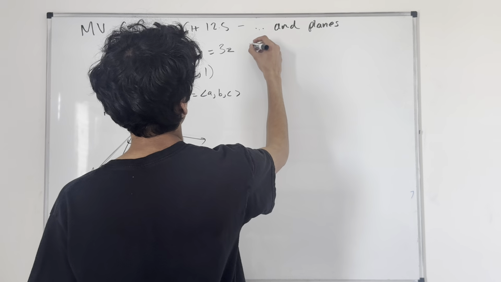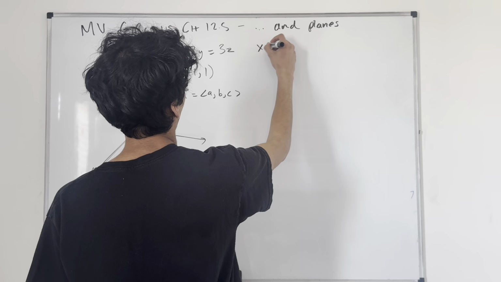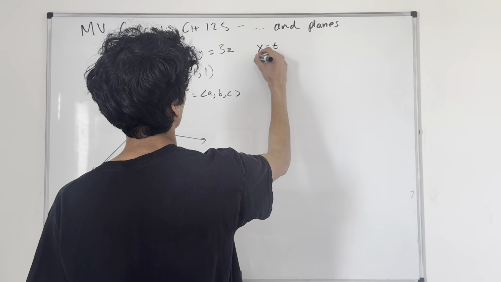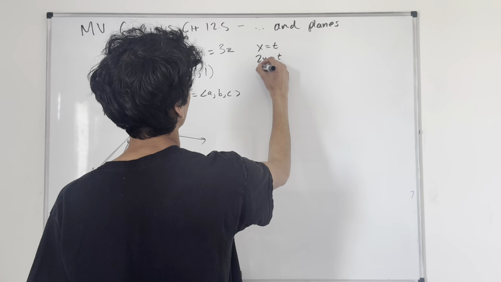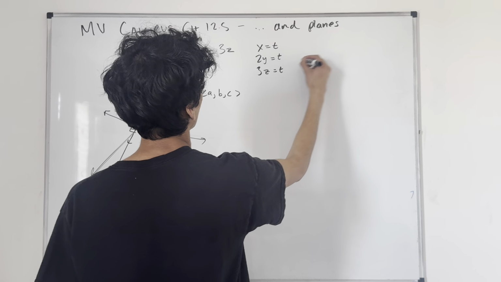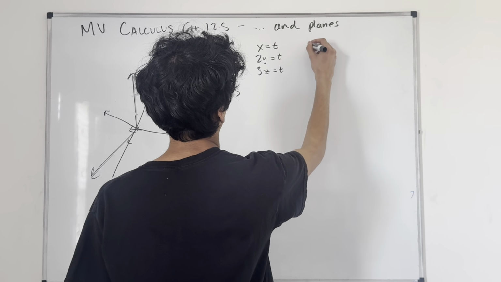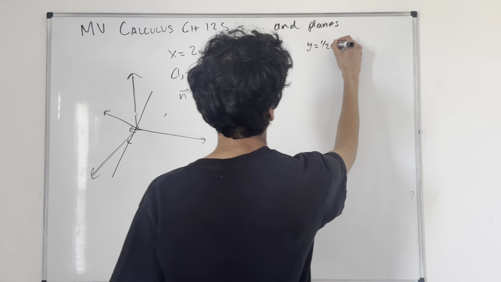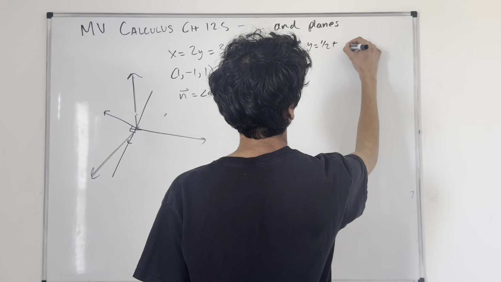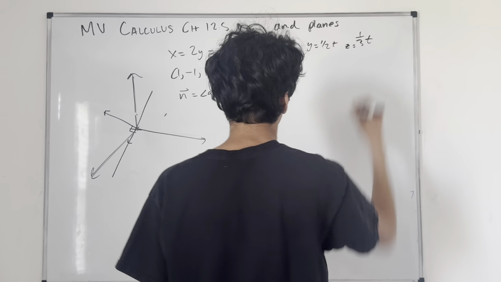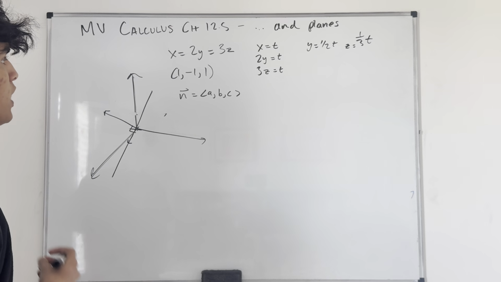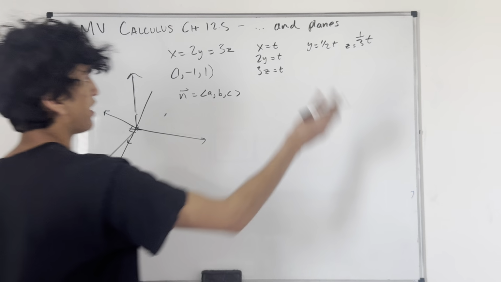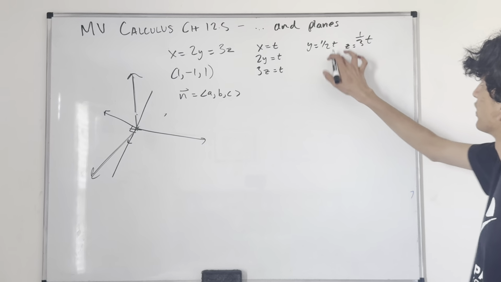So remember, to get it in parametric form, I know x will equal t, 2y will equal t, 3z will equal t. So I know y is really 1/2 t, and z is really 1/3 t. So the directional vector is going to be 1, 1/2, 1/3.